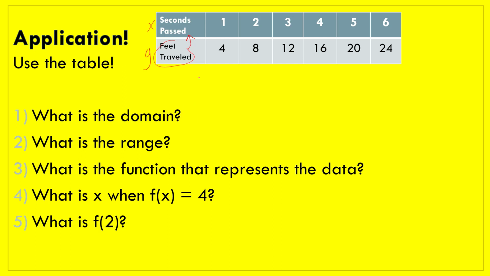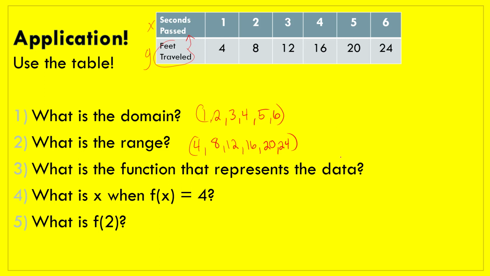We can list our domain. 1, 2, 3, 4, 5, and 6. All right, what is the range? Well, the range is going to be all of our possible y values. 4, 8, 12, 16, 20, 24.